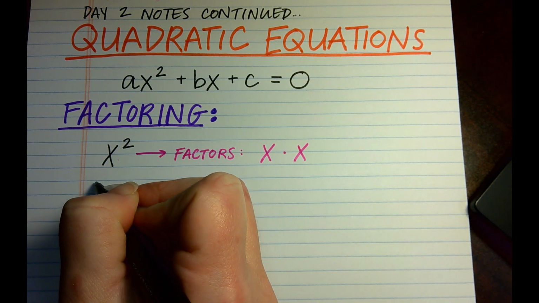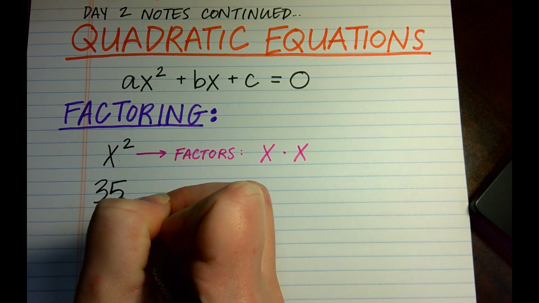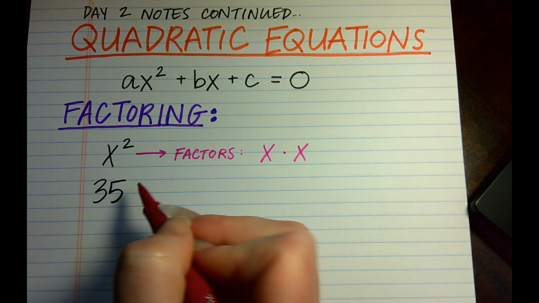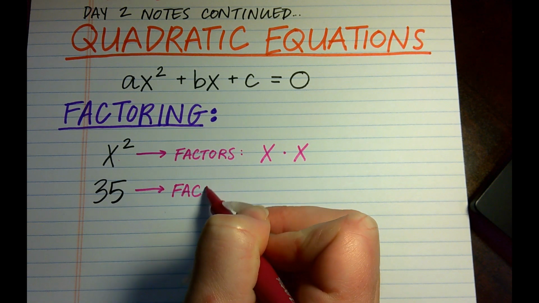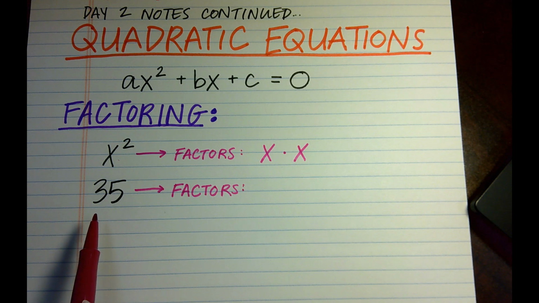What about if I gave you, let's see, 35, it's a number. There's going to be more than just one pair of factors here. You're going to have multiple options. So we're going to list them out. The simplest way to think about factors is to start with the smallest number you can think of.